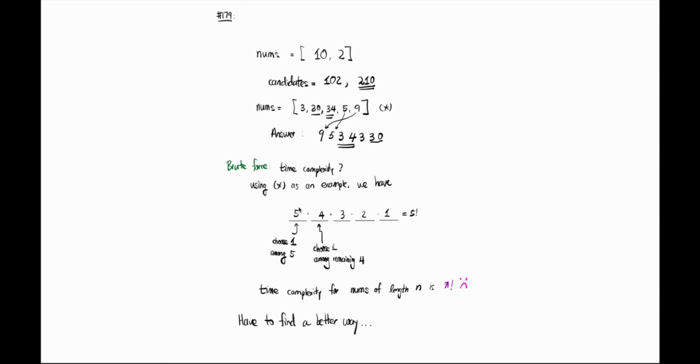Then for the next one we can choose from the remaining 4, then 3, 2, and 1. So we have 5 factorial for these 5 numbers. If you are given nums with length n, then the time complexity using brute force will be n factorial, which is really horrible. So let's find a better way.